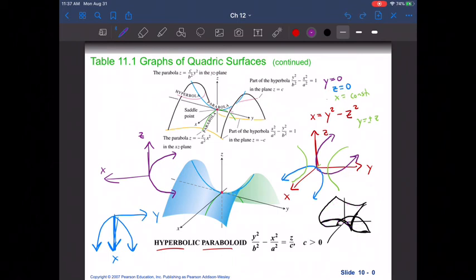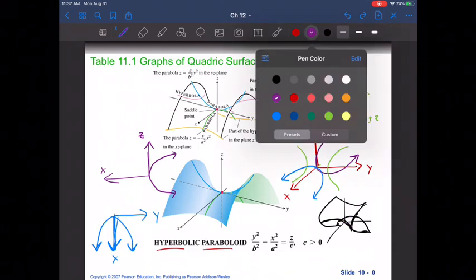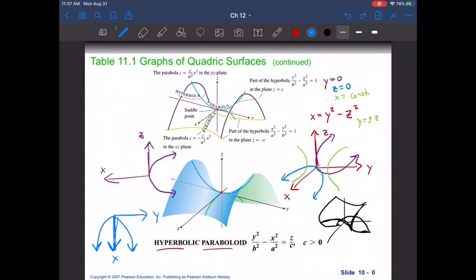And then, what was the next color I did? Blue. You're getting these parabolas going this way on the surface. I didn't draw that there. So it's like a parabola up here and parabolas down there as you move up or down in the z direction.